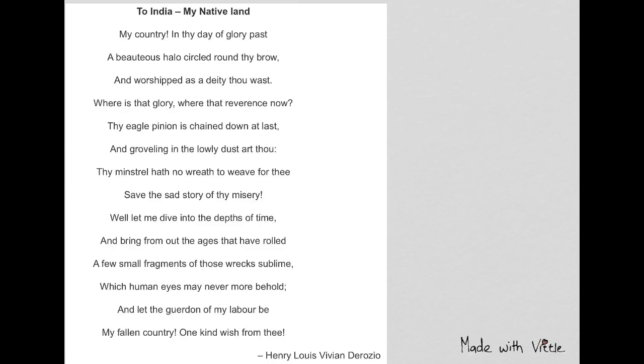That means this poem is a sonnet, and the language of the poem suggests that this is romantic in nature. That means Derozio has closely followed the romantic traits of the romantic English poets in this poem, and that is completely reflected in the language and style of this poem.